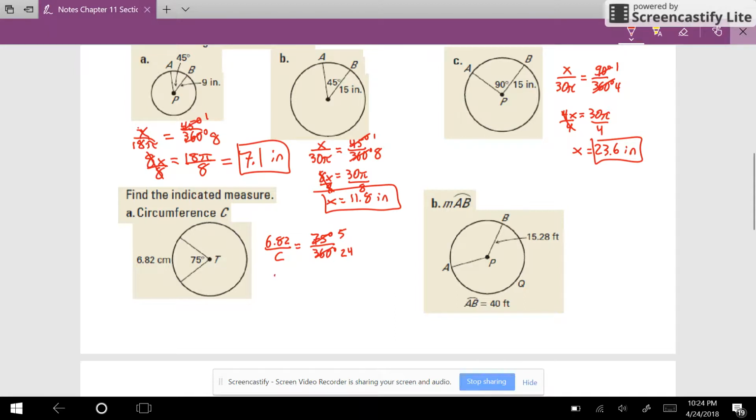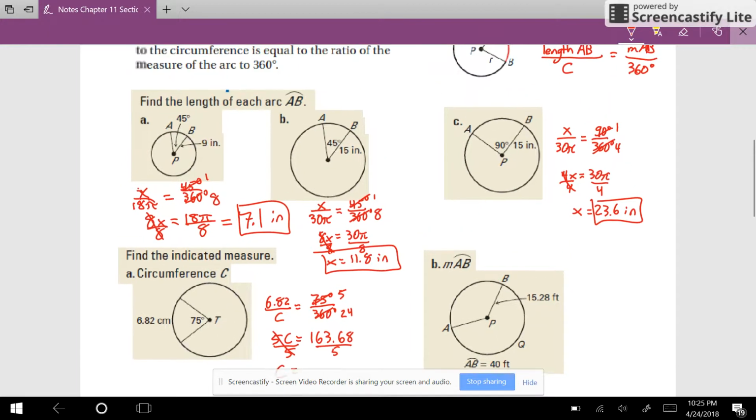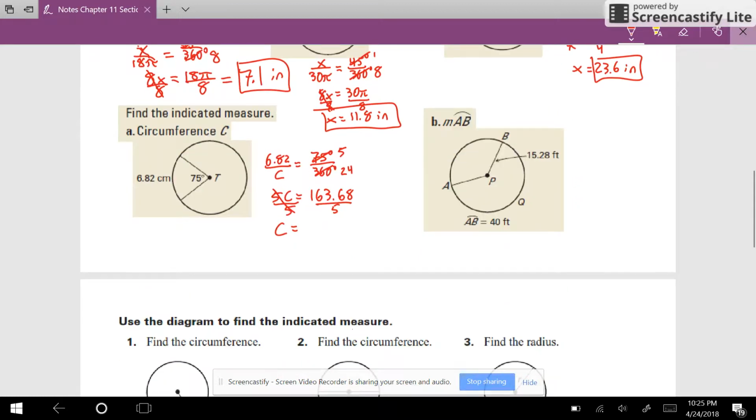Cross multiply. 5c equals, take the 6.82 times the 24, you get 163.68. Divide by 5, and we'll go ahead and round this to the nearest tenth, 32.7. We're dealing with centimeters.